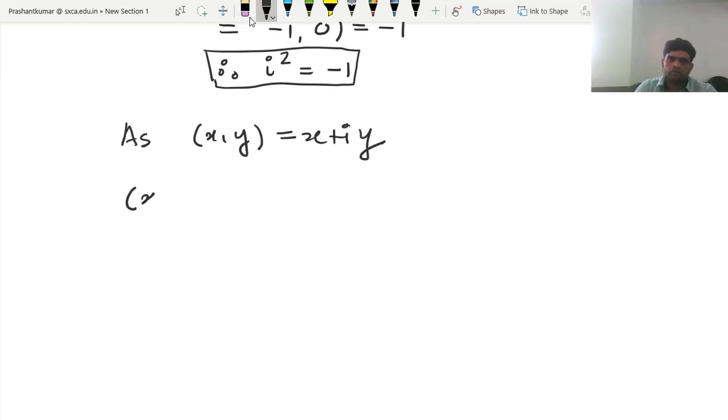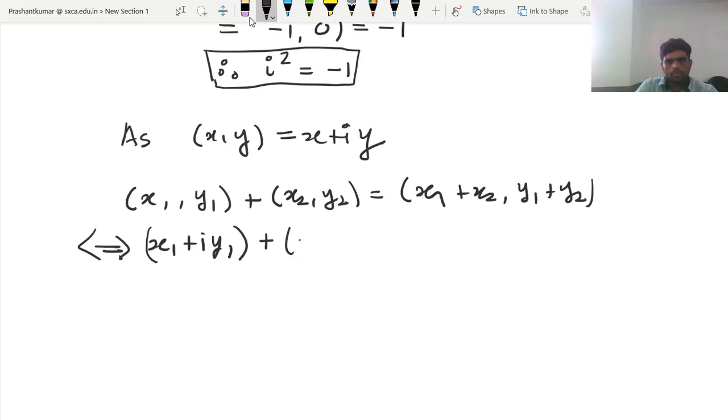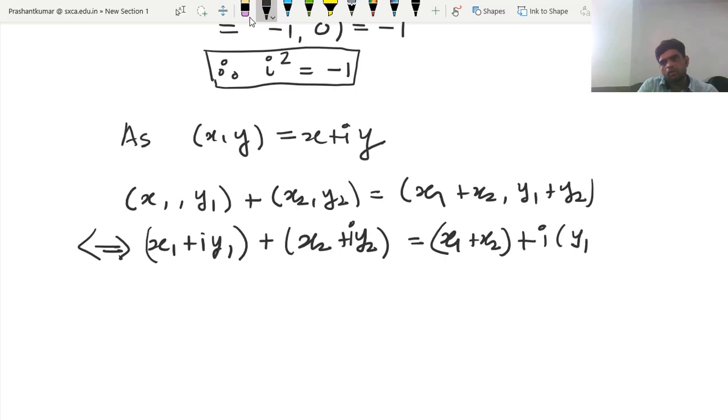By definition of addition, (x1, y1) plus (x2, y2) gives (x1 plus x2, y1 plus y2), which is equivalent to writing x1 plus iy1 plus x2 plus iy2 as (x1 plus x2) plus i(y1 plus y2).